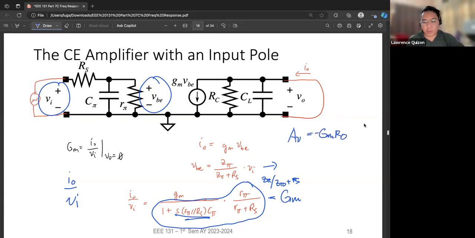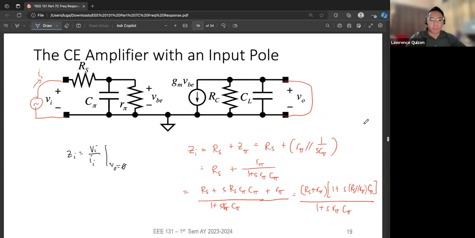Remember this equation? So, the input impedance, of course, also still changes. We know this.